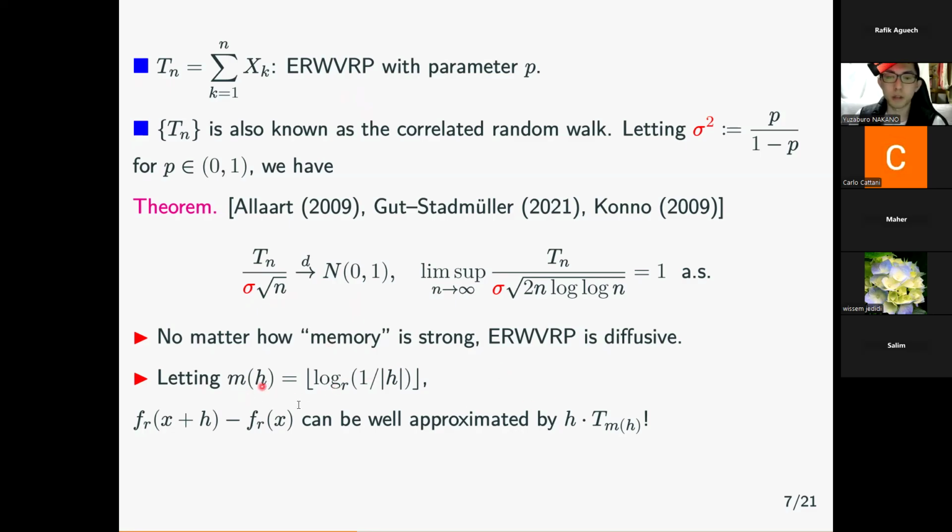And letting m of h be log base r of 1 over the absolute value of h, floored, the increments of the function can be well approximated by h times this elephant random walk at time m of h.